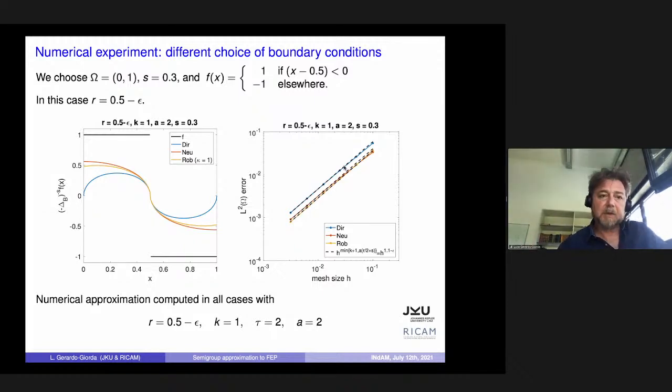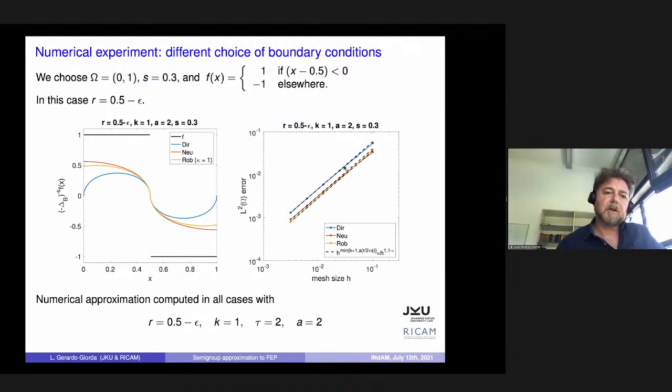In this case, we consider a domain which was just (0,1), S being 0.3, and a right-hand side, which is the one depicted in the figure on the left, which is 1 for x more than 1 alpha and minus 1 elsewhere. Again, in this case, the regularity of f is 0.5 minus epsilon. And so we picked here k equal 1, a equal 2. And you can see that, again, we get the expected convergence rate.